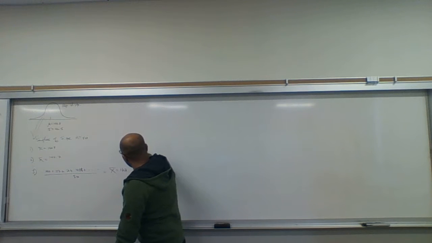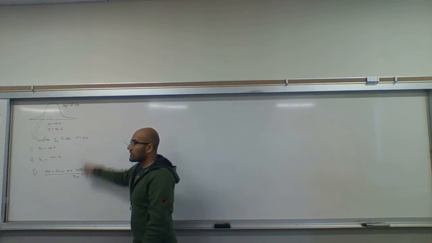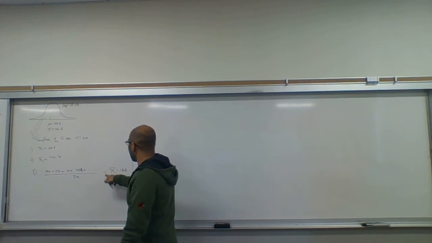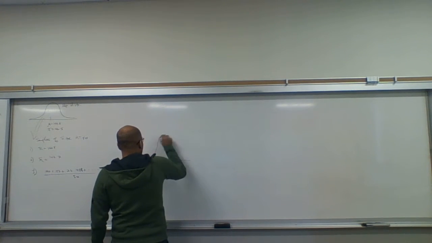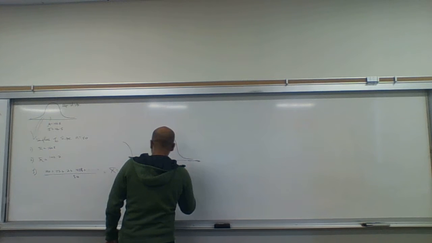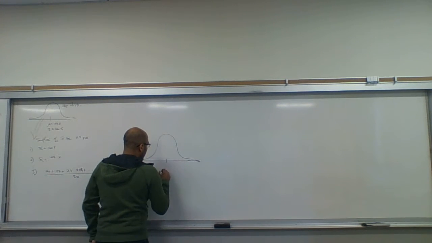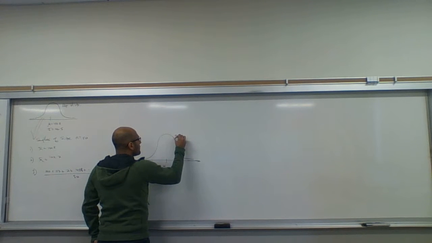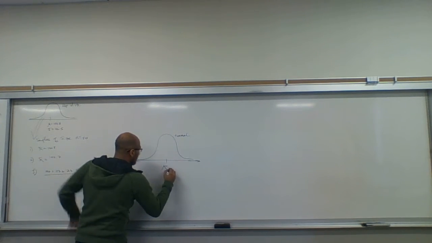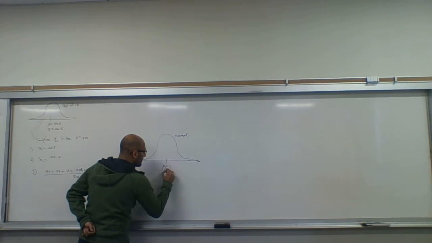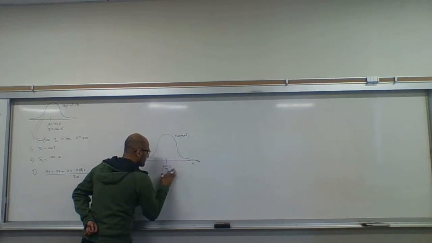Okay, we know from our previous work that if we do this over and over again, and we graph all these x bars, we get some sort of a distribution that is normal. And this is equal to the mean of that one, so this is x bar.